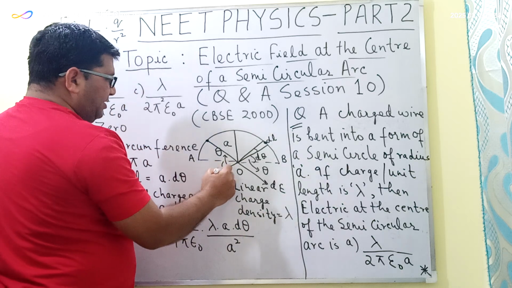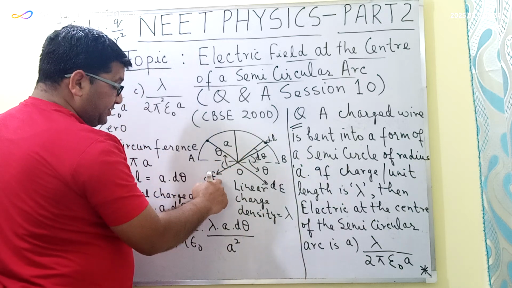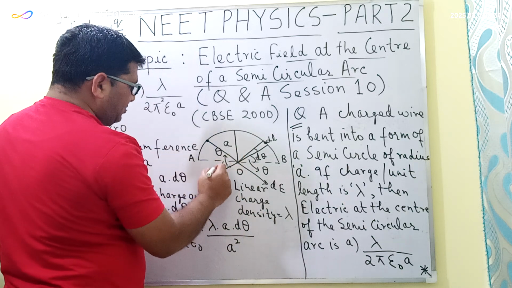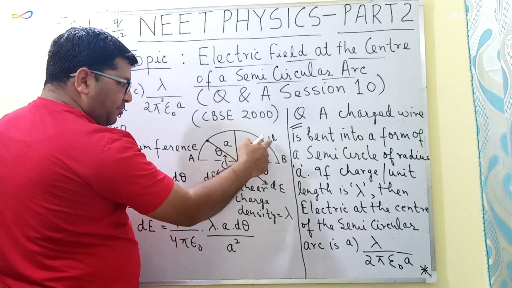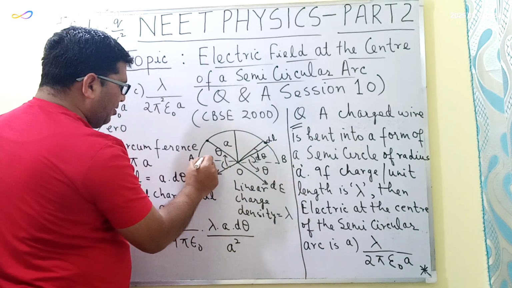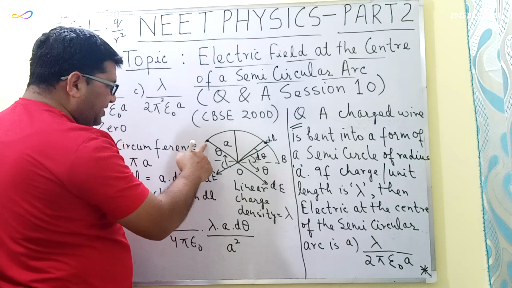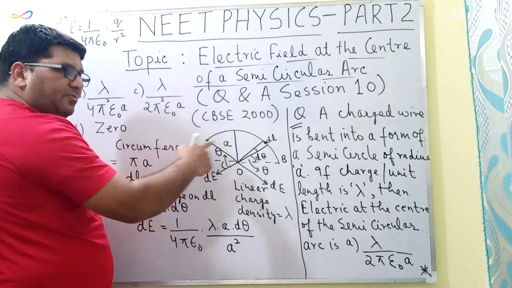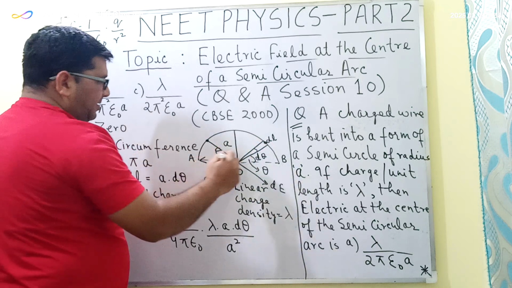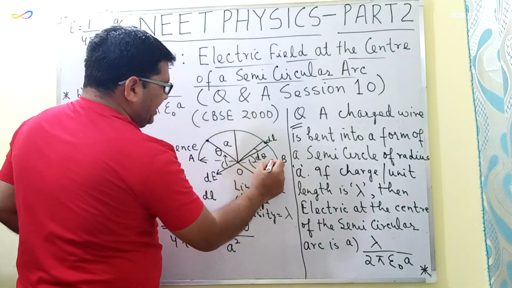And now if I resolve this dE into components, then I will be getting one horizontal component. Because of this element dl, the horizontal component will be like this, and because of the element dl exactly in front of it, this will be directed in this direction.